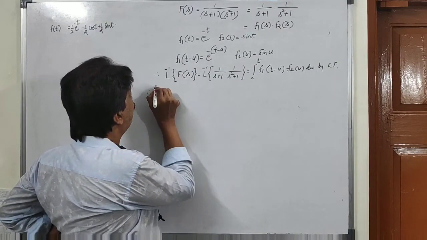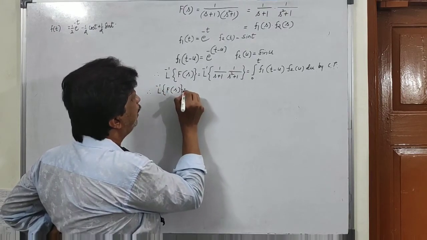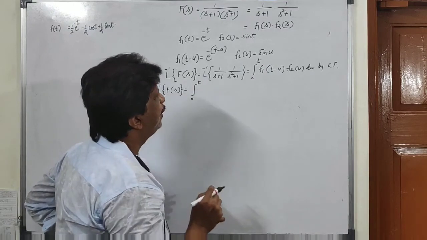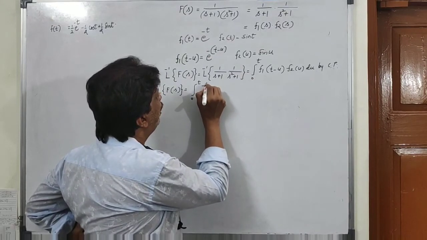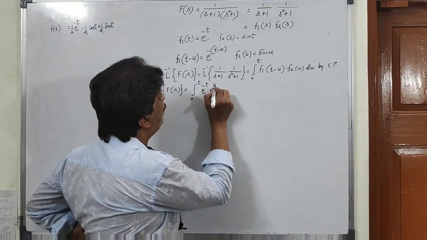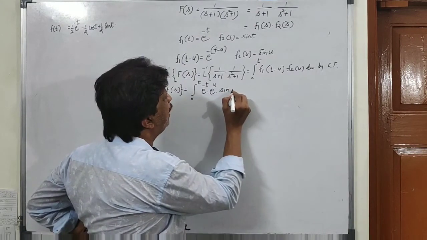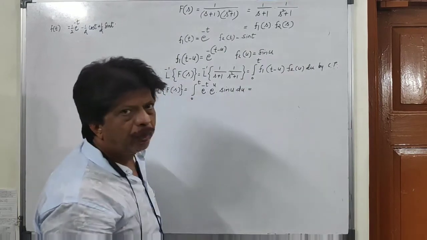Therefore, L inverse of F of s is equal to, I will substitute this value, integral 0 to t, F1 of t minus u is e raised to power minus t into e raised to power plus u, and F2 of u is sine u. This is to be integrated strictly with respect to u.